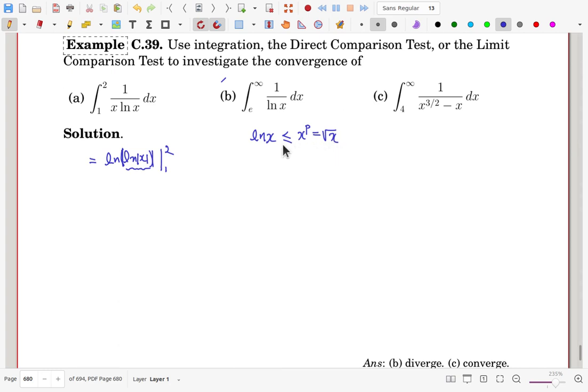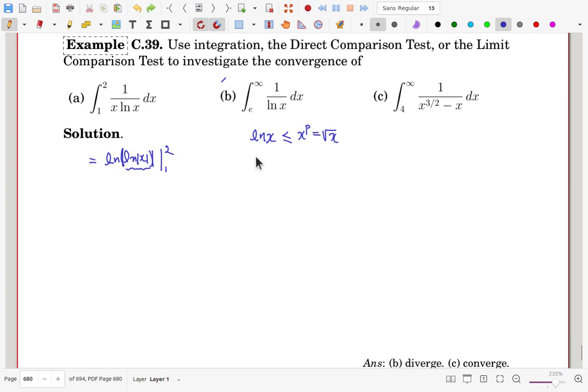You can check this quite easily by using the ratio logarithm x over square root of x. As x goes to infinity, it is infinity over infinity. By using L'Hopital's rule, you can check that it converges to 0, which means that even if p is slightly larger than 0, logarithm x will be smaller than square root of x. Okay.